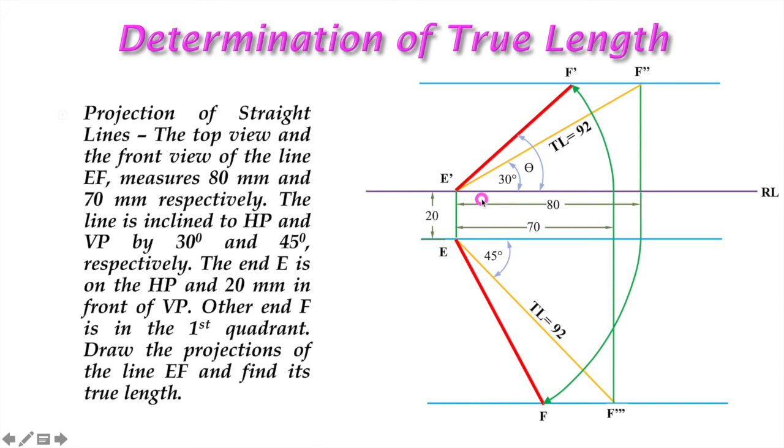If the true length is given, then by the same method we can draw and obtain the projected length, but here the projected length is given. We can also measure the inclination of this line using a protractor, and after measuring we get these two values of theta and phi.